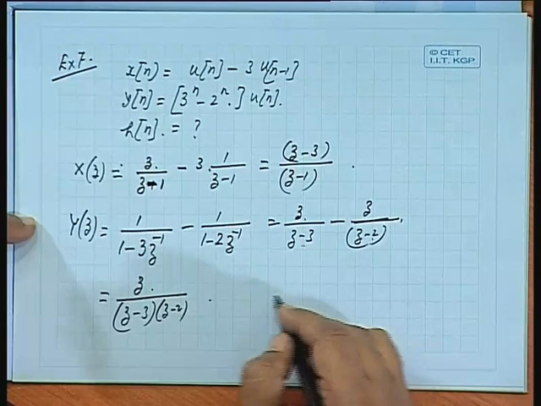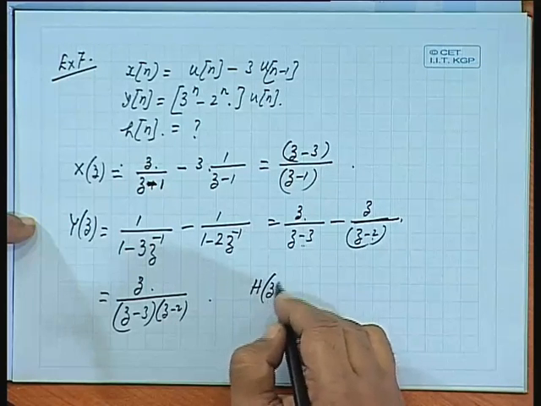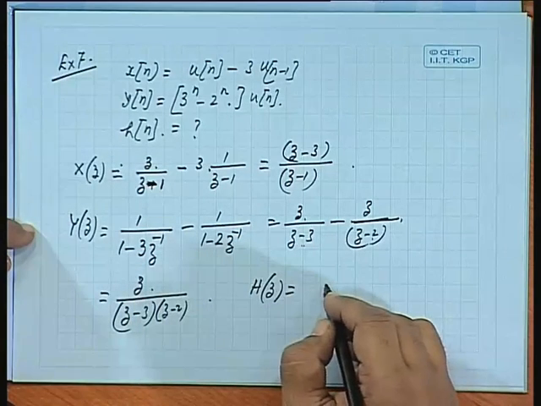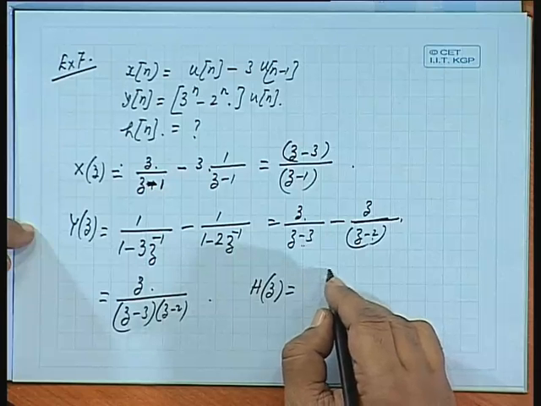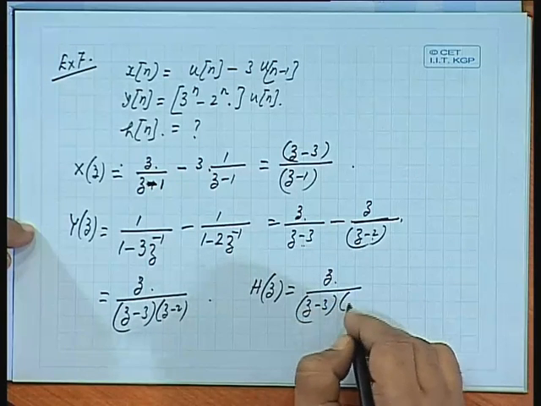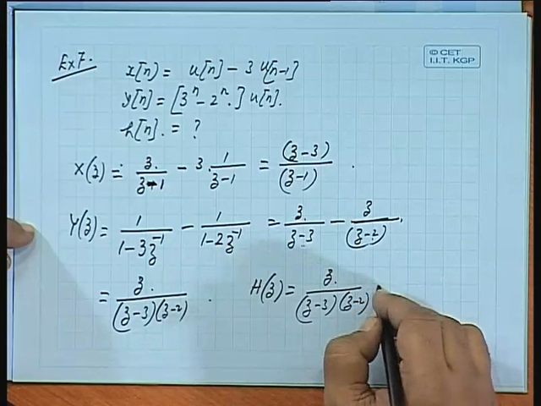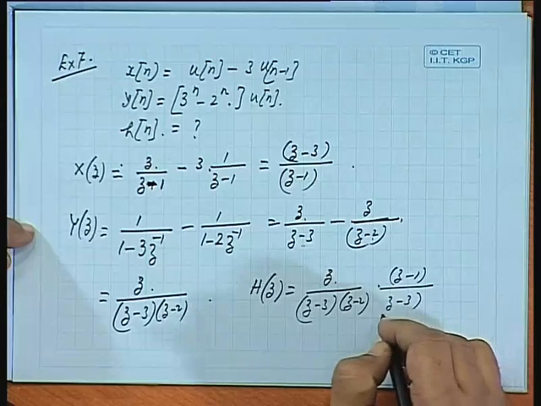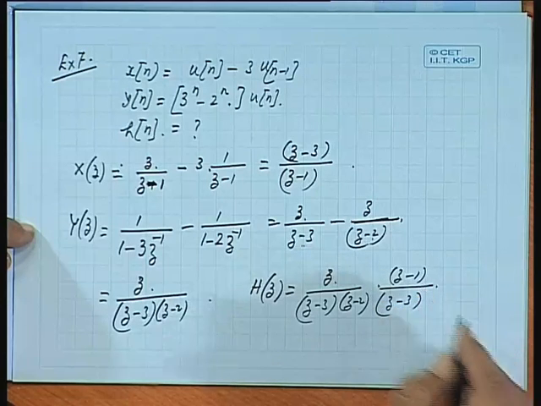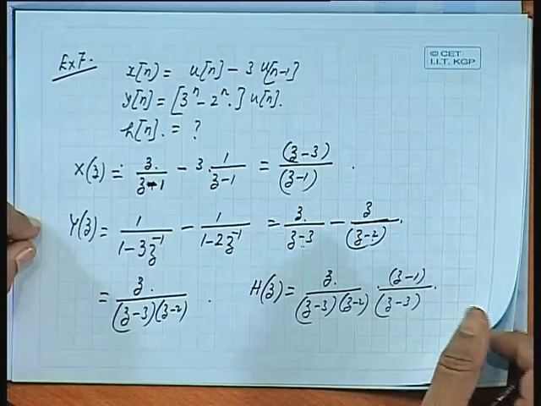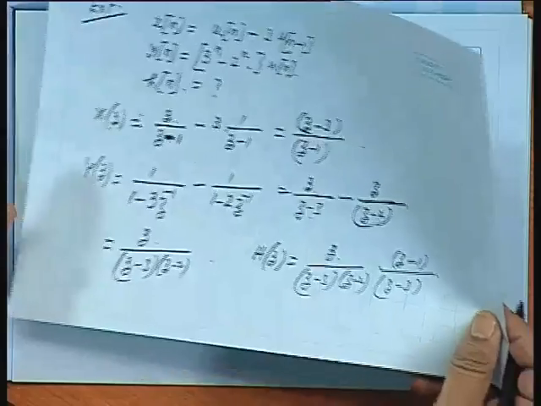Okay. So, Hz will be Yz by Xz. Is that all right? So, z by z minus 3 into z minus 2 into z minus 1 by z minus 3. Is this all right?